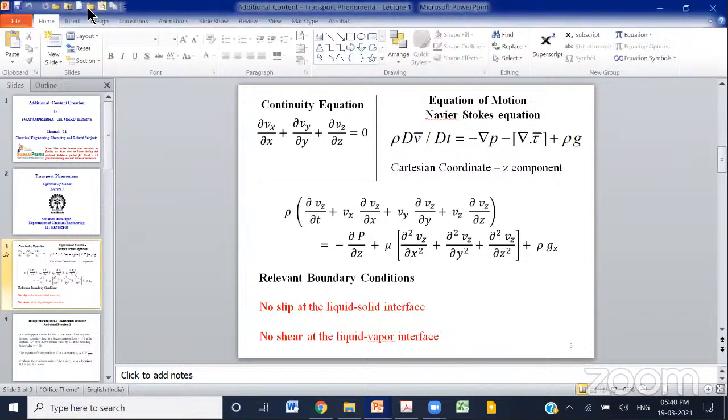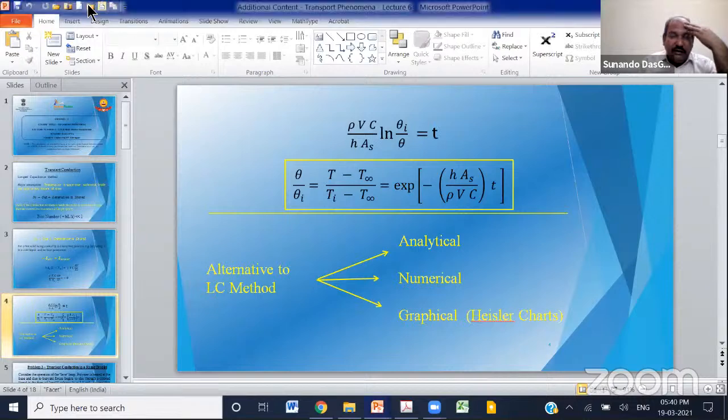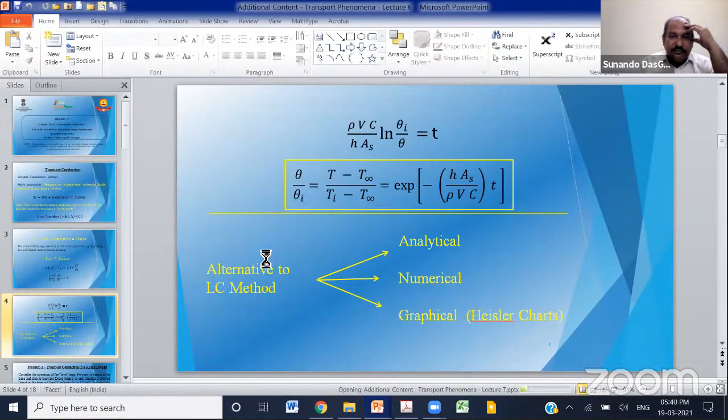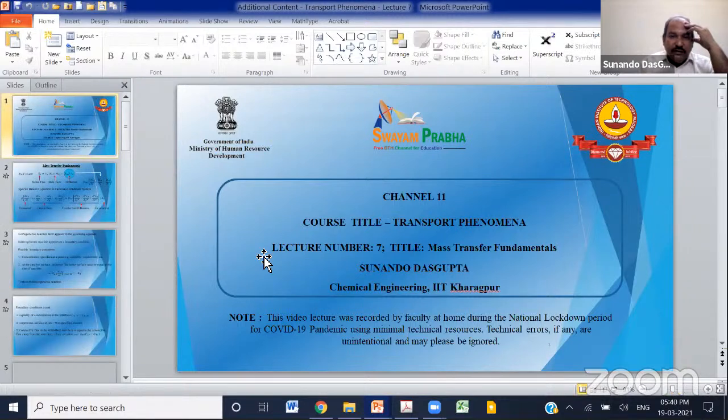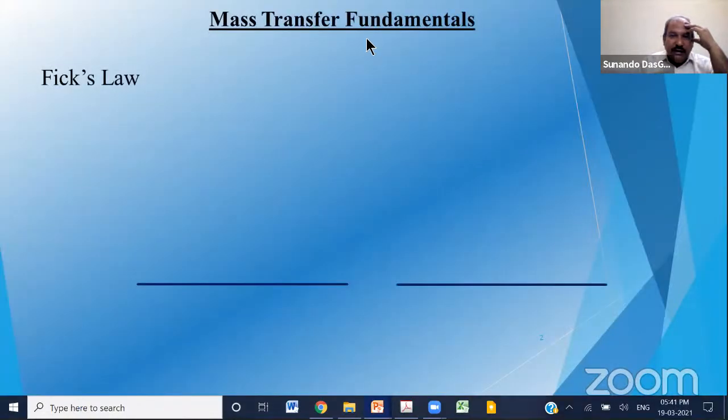Fine. So I have already discussed the heat transfer part of it. Let's talk a little bit about the mass transfer equation. The fundamental equation for mass transfer is Fick's law, like what we have in the case of heat transfer, which is Fourier's law.